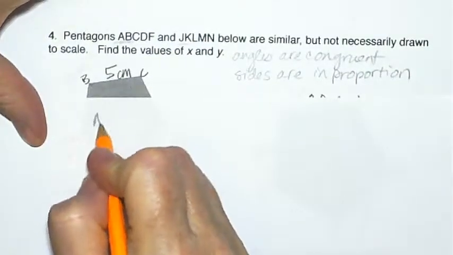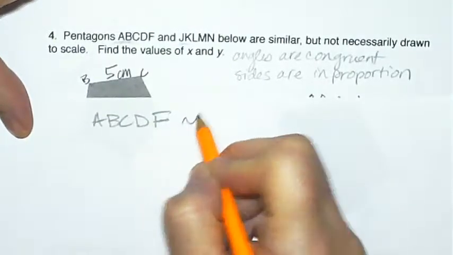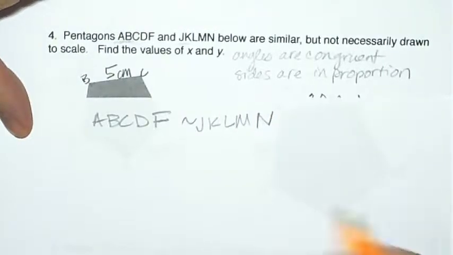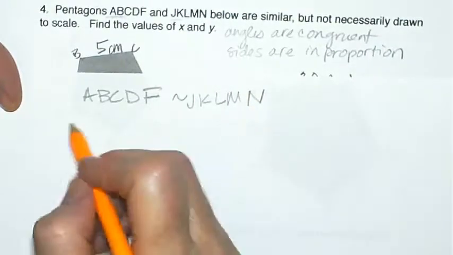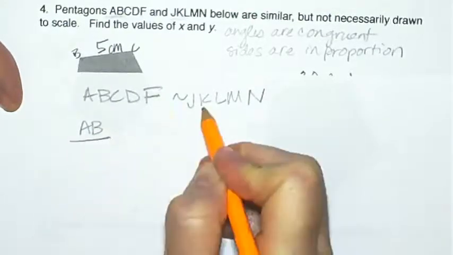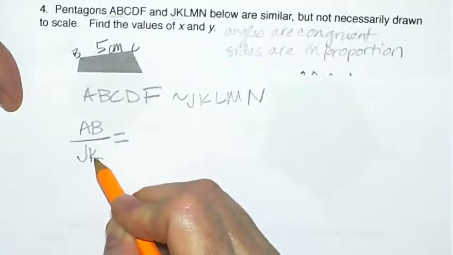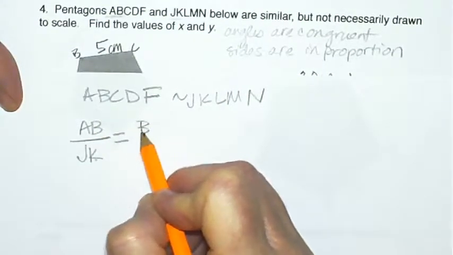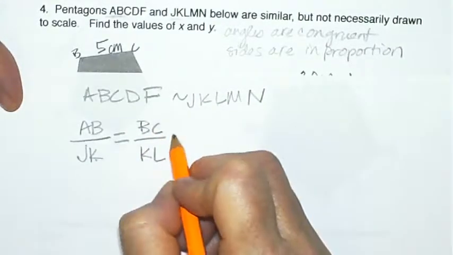So if you take A, B, C, D, F, and it's similar to J, K, L, M, N, you can write out the ratios for all the corresponding sides. AB corresponds to JK. And whatever that ratio reduces to, BC over KL is going to reduce to the same thing.